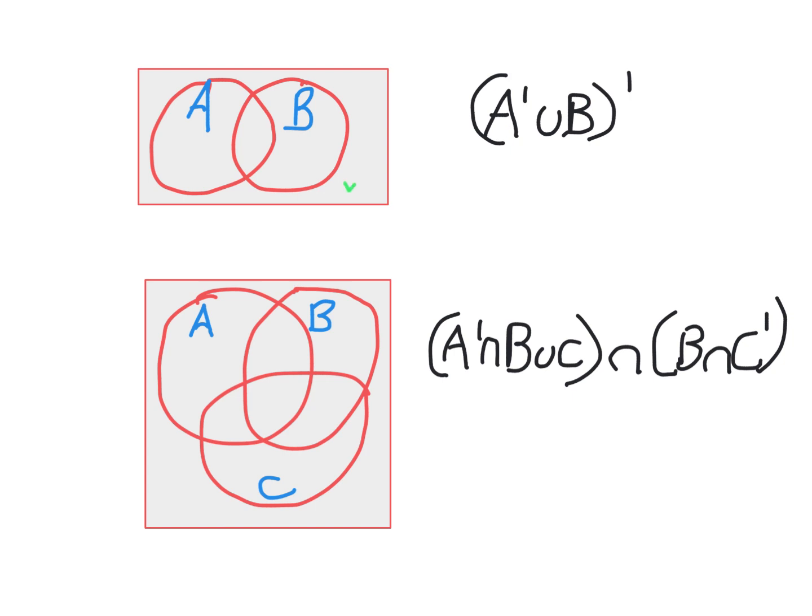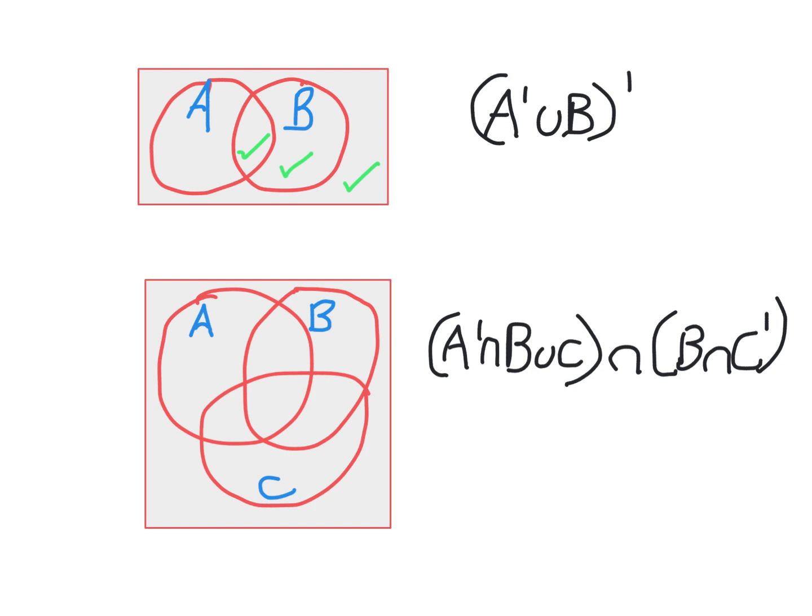So this outside region is included in not A or B because it's not A. This one is included because it's both. This region here is not A, it's also B. I include both for OR questions, and then I need to include this region here. The three ticked regions correspond to not A or B. So I wanted to shade not A or B complement.